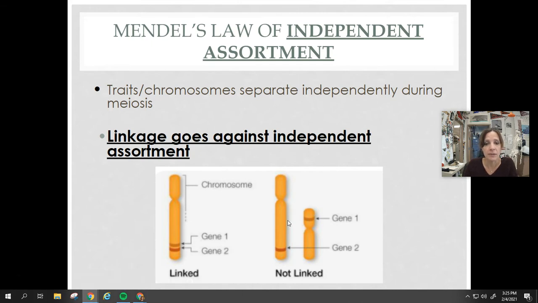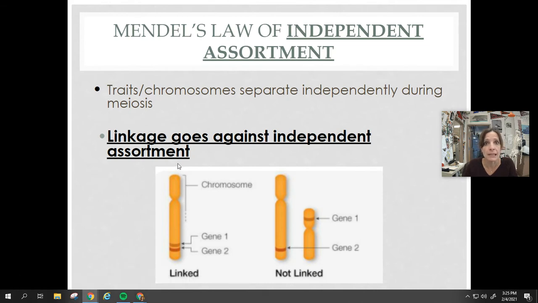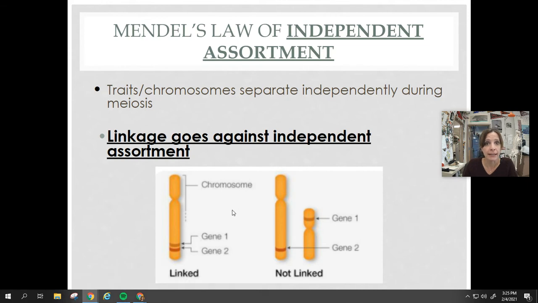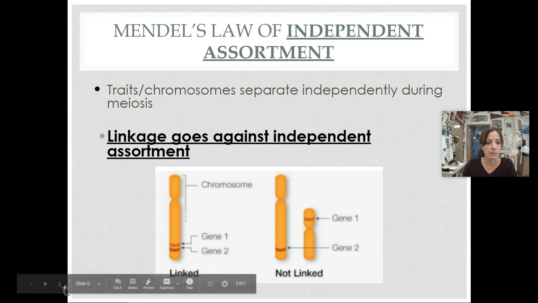However, since Mendel did his experiments, we have learned that there is something called linkage, and that goes against independent assortment, where genes are on the same chromosome and tightly close together. So if you think of people with red hair, they often have freckles, right, that go with the red hair. So that would be two genes that are closely linked. And we'll talk more about that in a little bit.